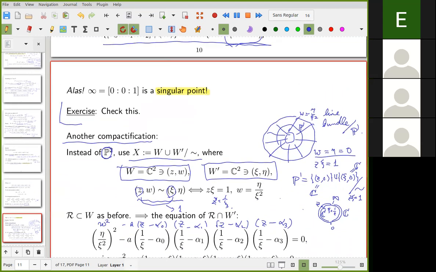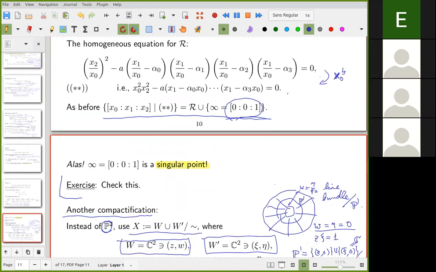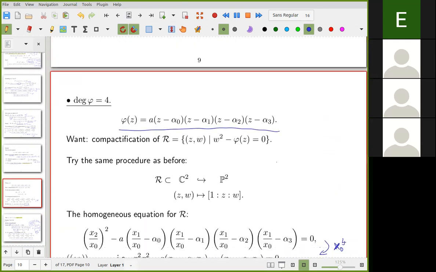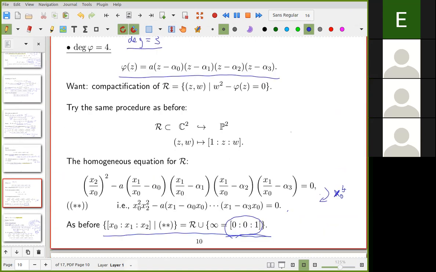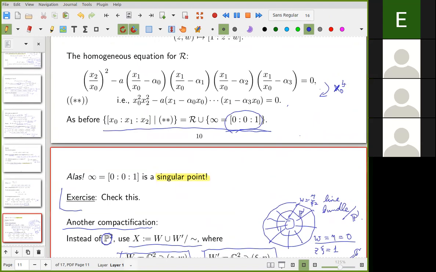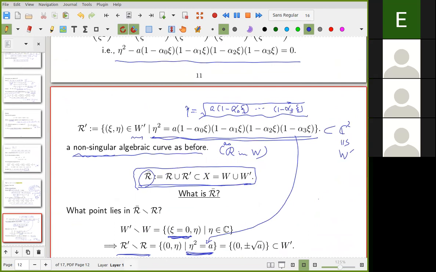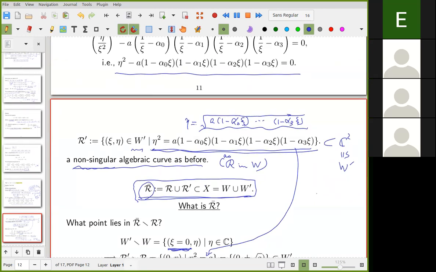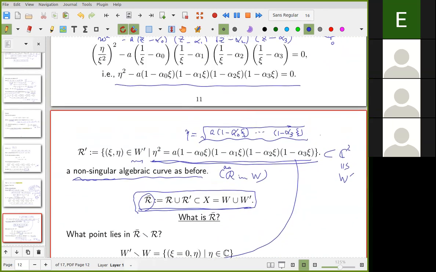That's a very good question. Thank you. I should mention that. Probably you see that even when the degree is 3, the construction in this way can be applied to that case.